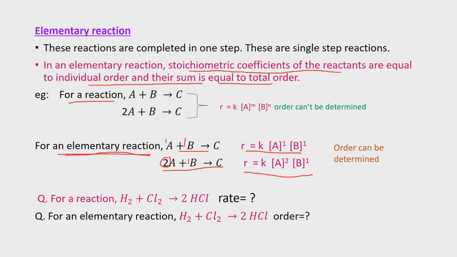These two questions are homework for you. Try to solve. All students, try to solve. Very very important. Practice is important in physical chemistry. So finally, for a reaction case, order cannot be determined. For an elementary reaction, order can be determined.